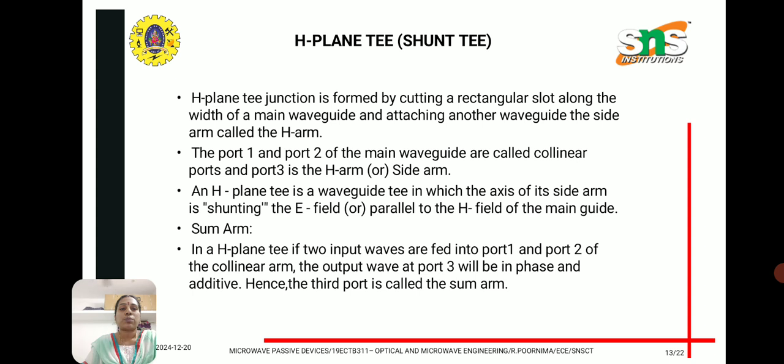In H-plane T, the axis of the side arm is shunting the E field, or parallel to the H field, so it is called shunt T. Here port 1 and 2 of the main waveguide are called collinear arms and port 3 is the H arm. If two input waves are given at port 1 and 2, the output at port 3 will be in phase and additive. So it is called the sum arm. This is the main difference between E plane and H plane.